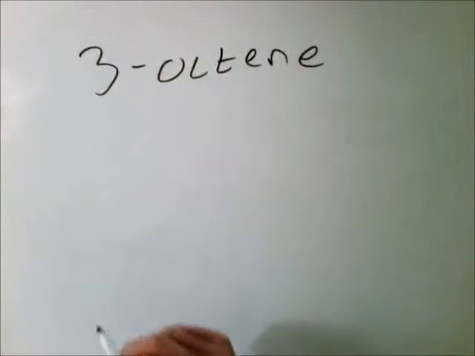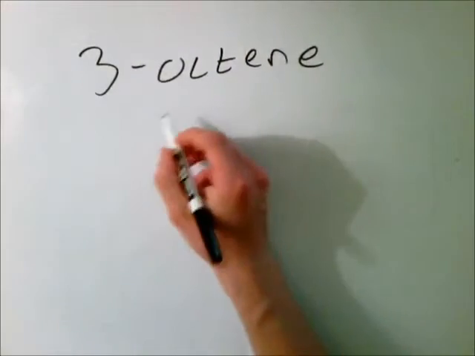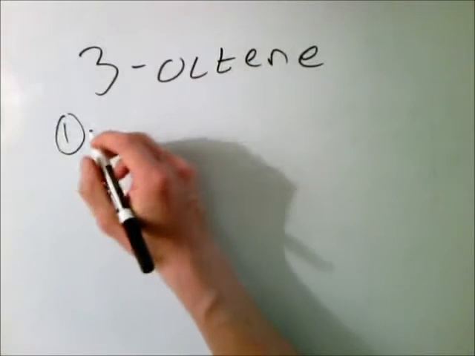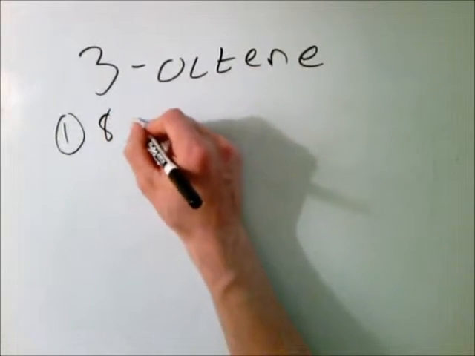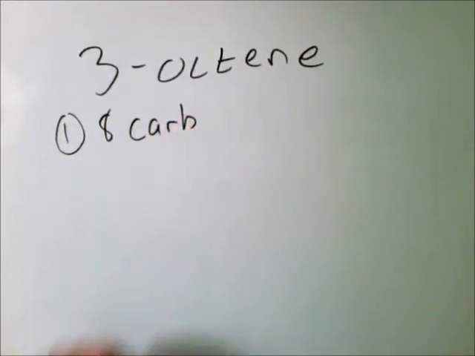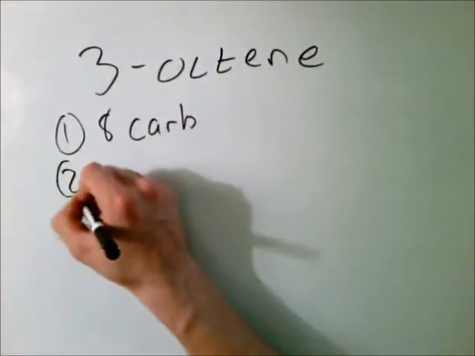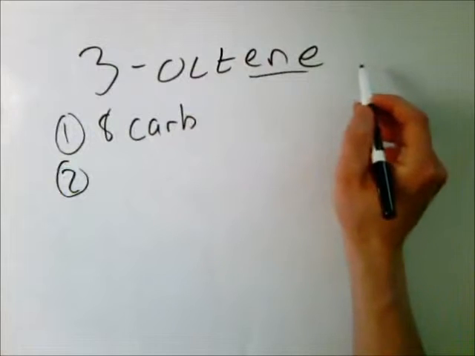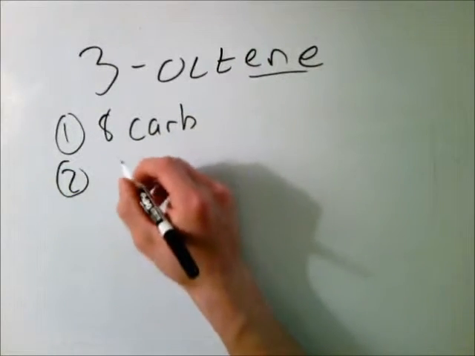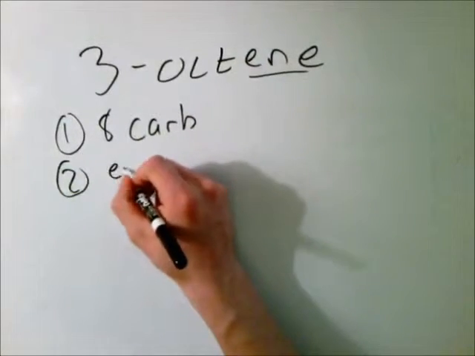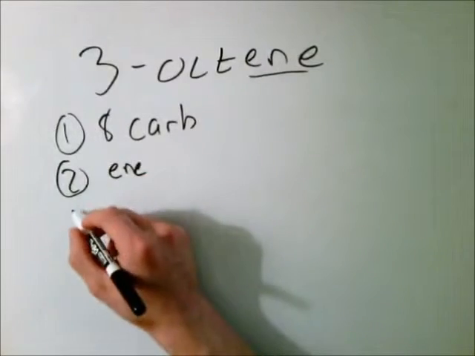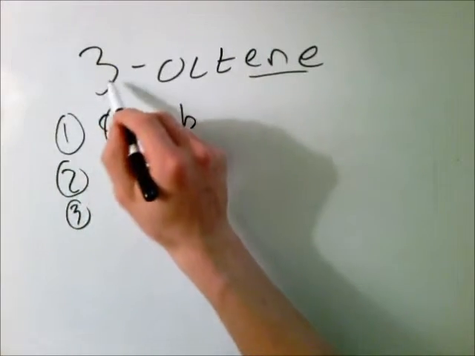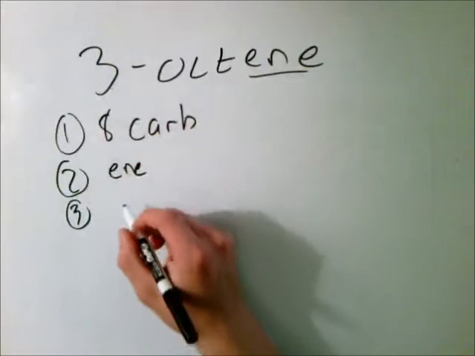Well, let's take our 3 pieces of information from here. 1, the parent name is oct, so we know there's going to be 8 carbons on the longest carbon chain. 2, what kind of compound is it? The suffix. Well, octene, so we know we're going to have a double bond somewhere. 3, location. We know the double bond starts at carbon 3 and it'll end at carbon 4.